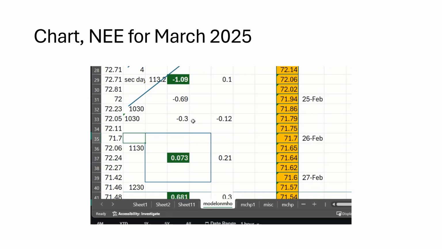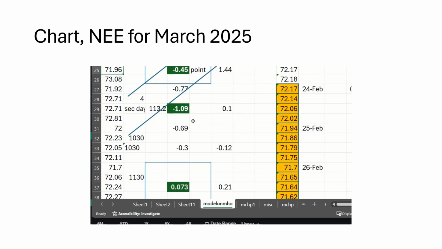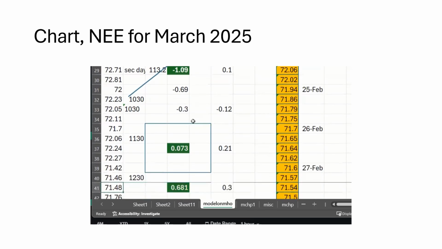That's the wrong date. It got positive at this point. $72.24 on the 4th of March.